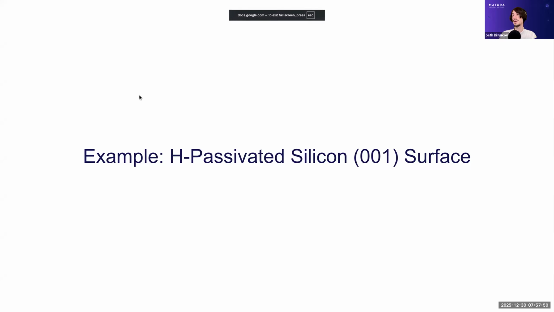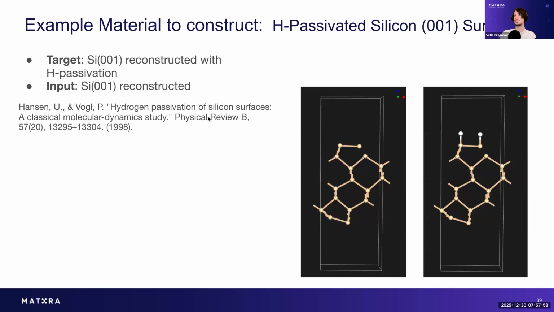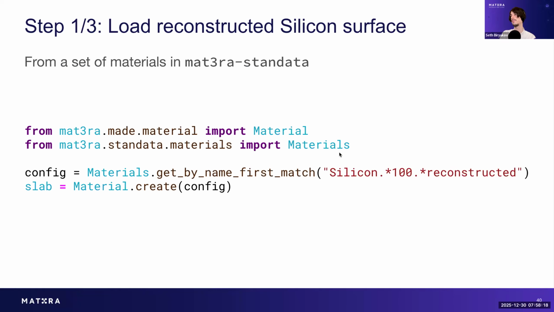Okay, for the next example, we're going to be using passivation, and we're going to passivate the surface. So here we want to take a structure of reconstructed silicon surface 001 and passivate it according to the example in this study. We have silicon 001 reconstructed inside of the Mat3ra data, for examples.